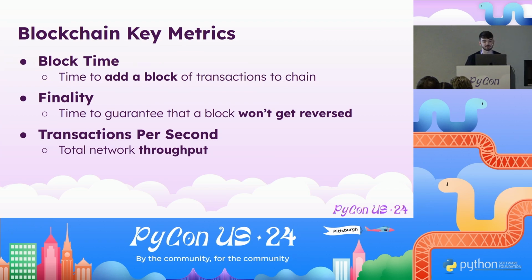Then we also have this idea of finality, and this is the time to guarantee that a block won't get reversed. And this might sound kind of counterintuitive because we've been talking about immutability, but there are some networks where blocks can end up getting reversed, and we'll talk about that in just a second. And then finally, we measure the transactions per second, and this is basically the bandwidth of the network, right? How many things per second can this network do?